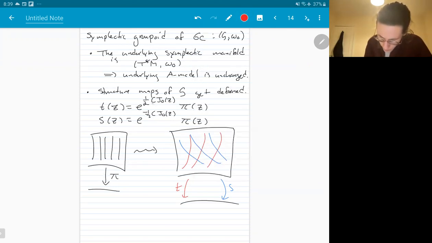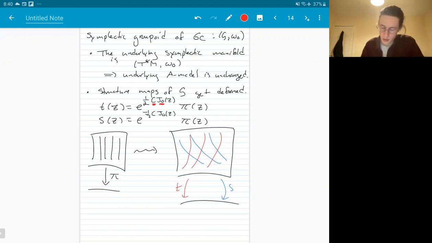We're using both this R matrix C and the holomorphic moment map to deform the projection in two directions, with either plus or minus. There's a similar formula which deforms the addition in a similar way.